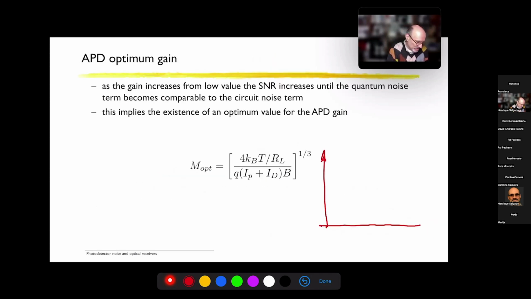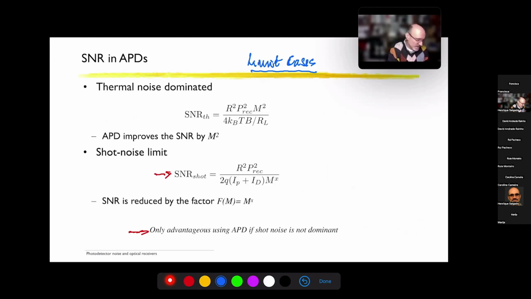And so if this is the received optical power, and if we plot this against signal-to-noise ratio, we see that at very low optical powers, the quantum noise is very small, and probably thermal noise is dominant. And so we see that the signal-to-noise ratio in that case increases with m squared.